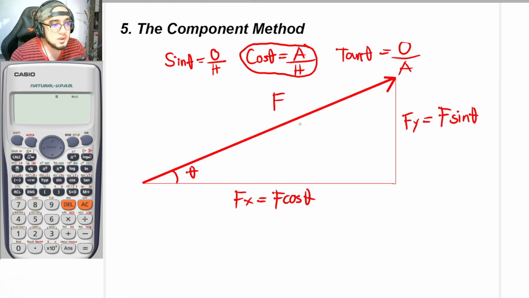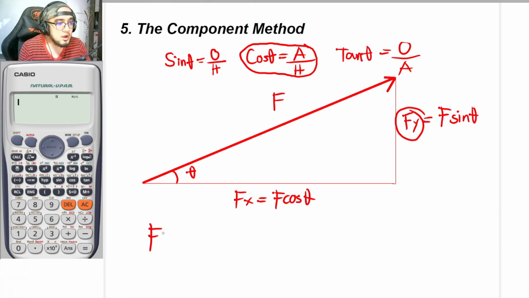So what if, for example, you're already given the value for your fy and your fx? Given that scenario, say you do not know the value of your f and you are given fy and fx, you can make use of the Pythagorean theorem to get the value of f.